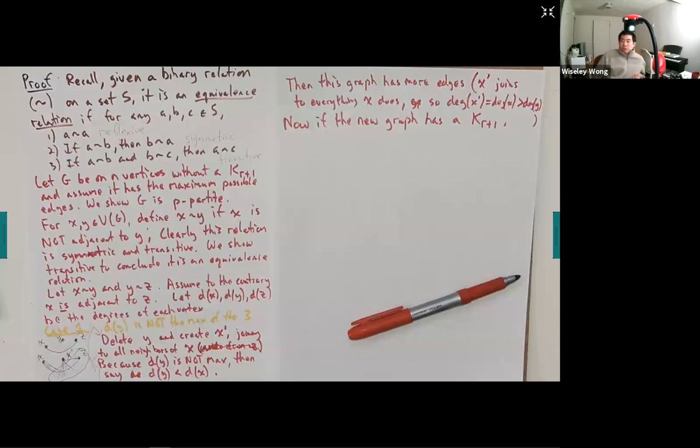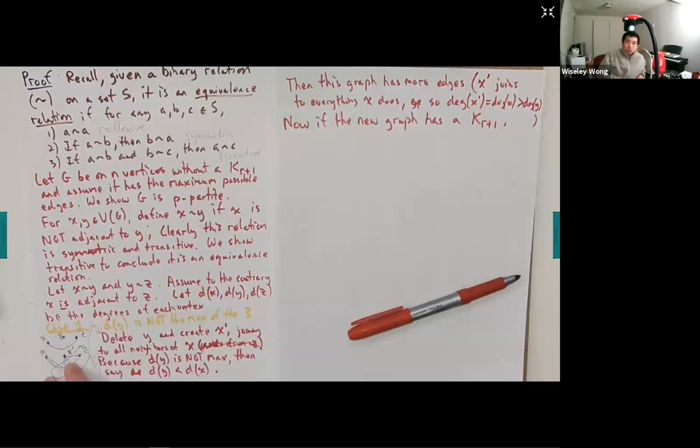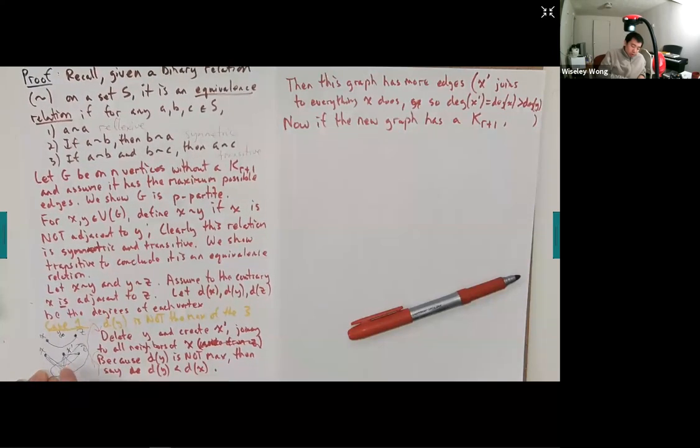So if this thing did have a clique of size r+1, well, what happens then in the original graph? If you think about it, if this new graph had a clique of size r+1, by this picture, how would it have formed? What I did is I replaced y with x prime.